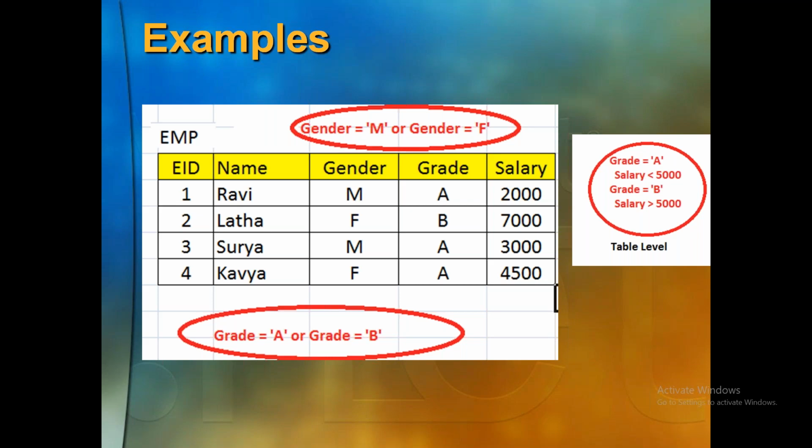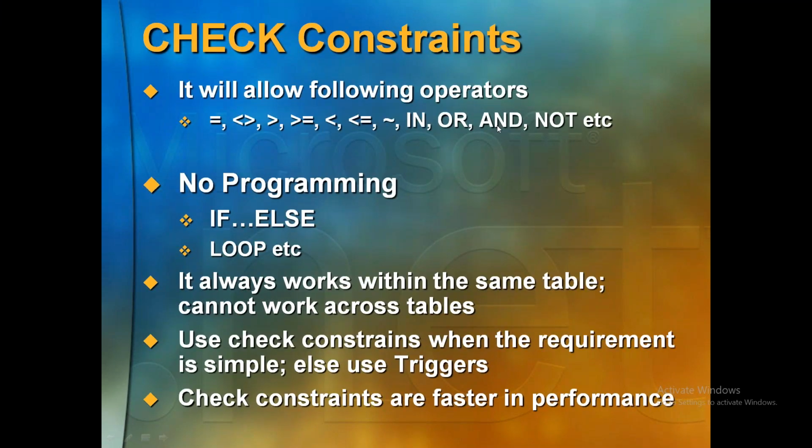Police cannot handle it. Army, navy and air force, the defense people, can handle it. Simple things can be resolved by police. Complex wars are handled by the military. Clear? Simple validations can be done by the check constraint. Complex validations can be done by triggers.